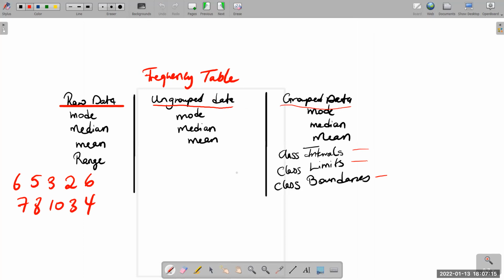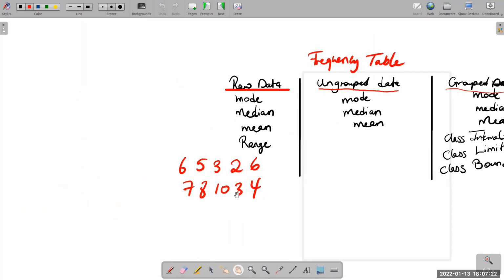All right, so let us get into it. So what we're going to look at is finding the mode, median, and mean of raw data. That's the easiest one to do. And so what we're going to do is just look at the process using one example. So let's look at example number 1.